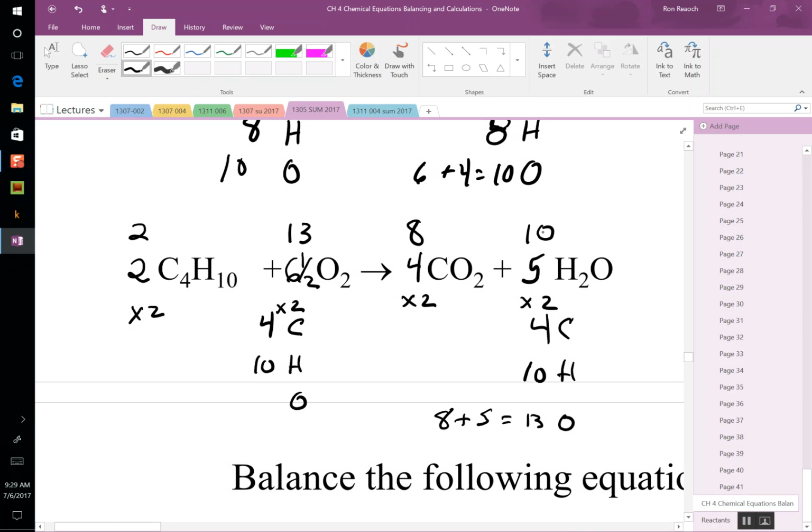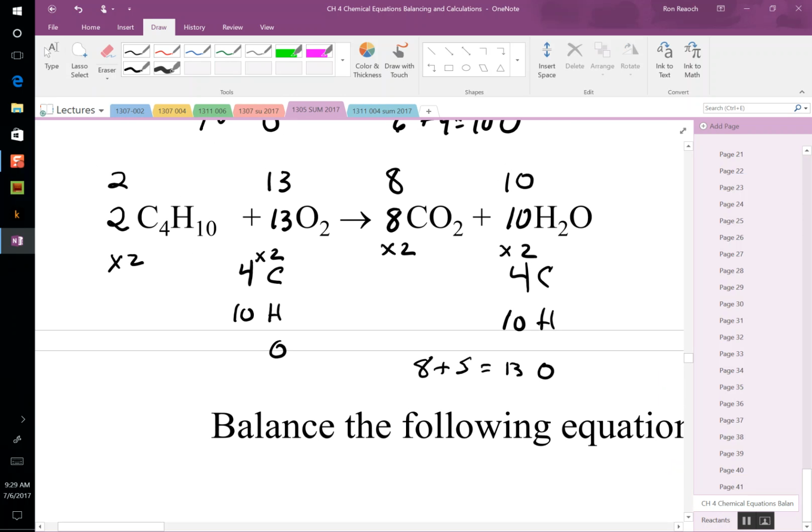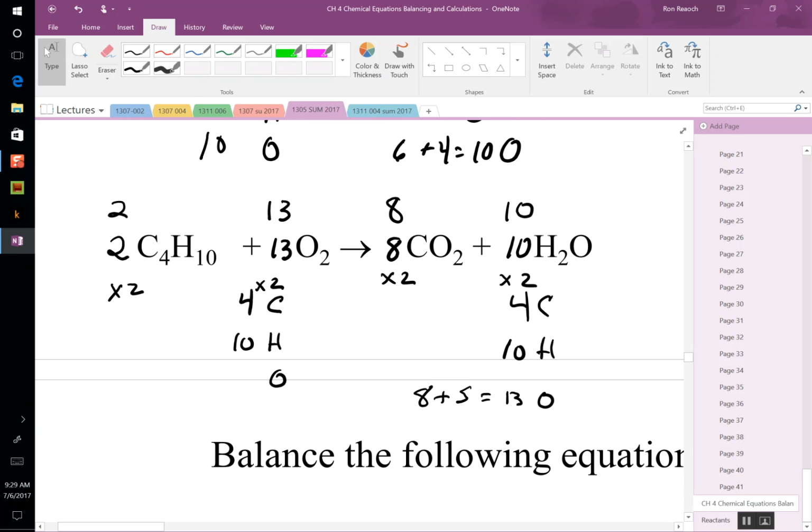So really the final balanced equation is 2 C4H10s, 13 O2s, 8 CO2s, 10 H2Os. That's the final balanced equation. Any questions about that?